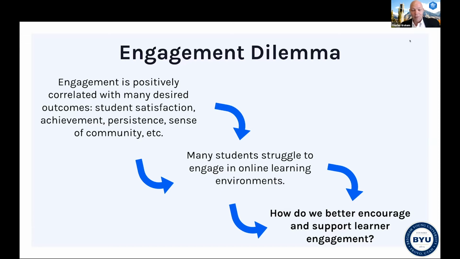However, many students in online learning environments struggle to engage, which is also clearly documented. So the dilemma we have is, how do we better encourage and support that learner engagement in these online and blended contexts?